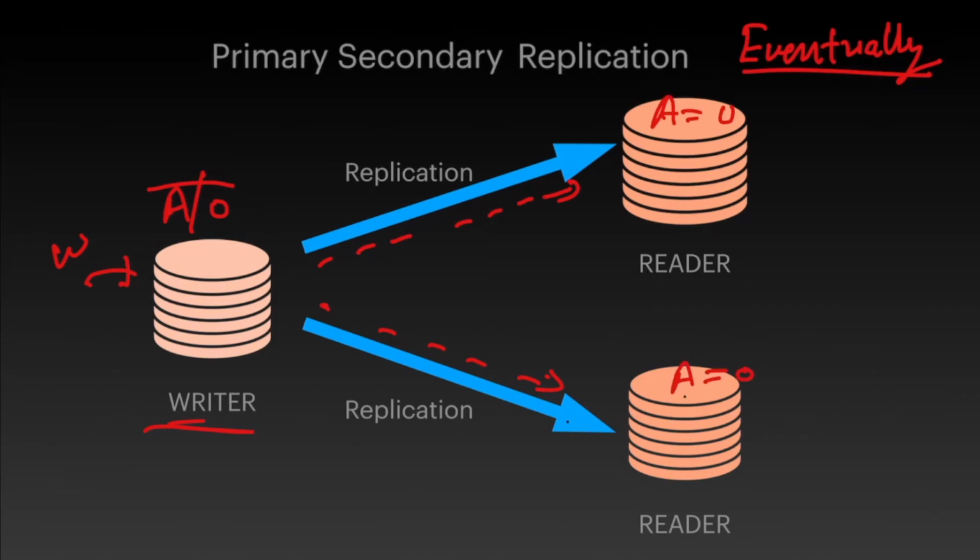The writer will not wait for the readers to acknowledge that they have written the record, but instead will write the record on itself and respond back to the client. So if we update the value of a to 1, the writer will write a is equal to 1 on itself, ask the replicas or readers to update their values, not wait for their acknowledgement, and respond success to the client.